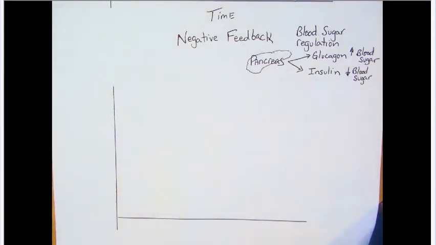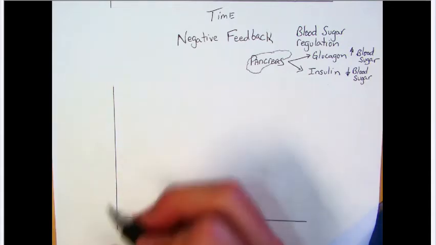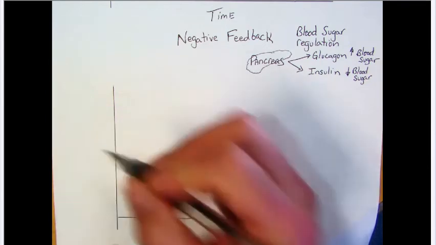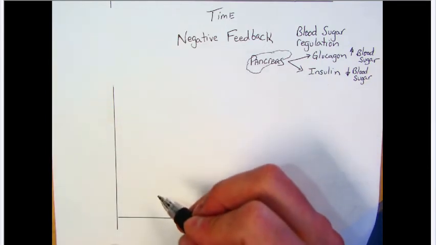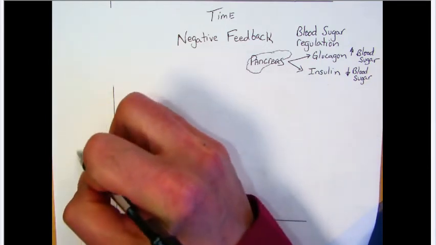So we've identified the two hormones that are going to be competing here. And when we create this graph, instead of labeling it as hormone levels, we're actually just going to track blood sugar.